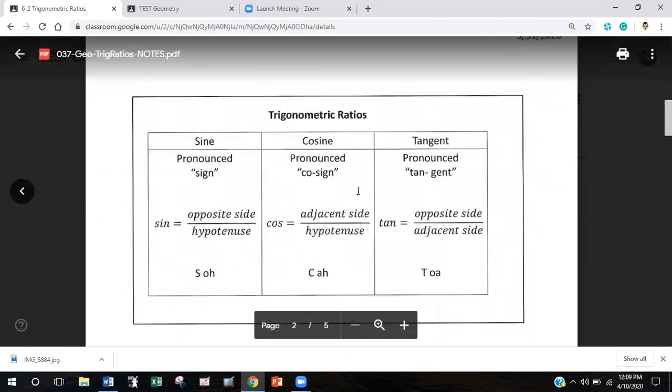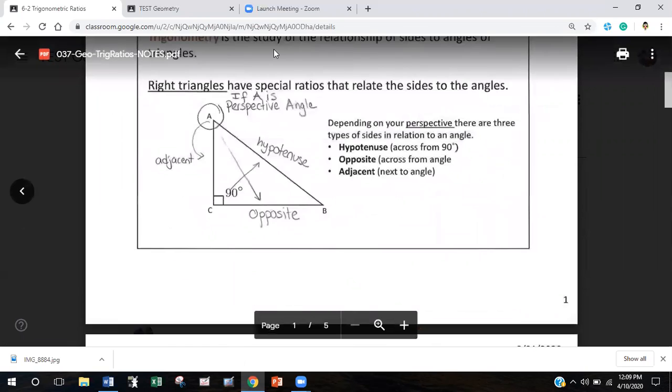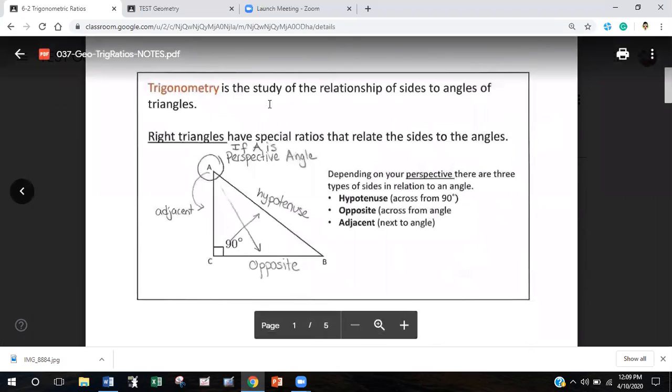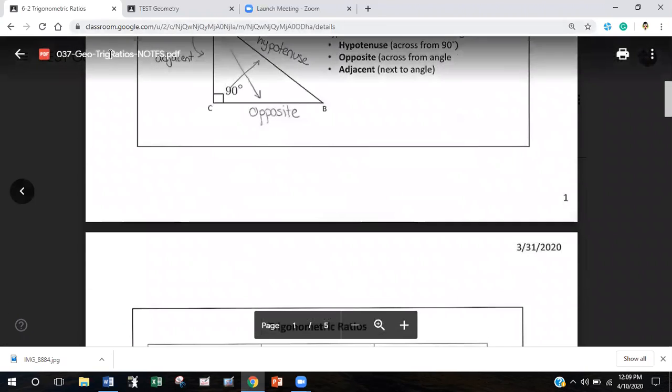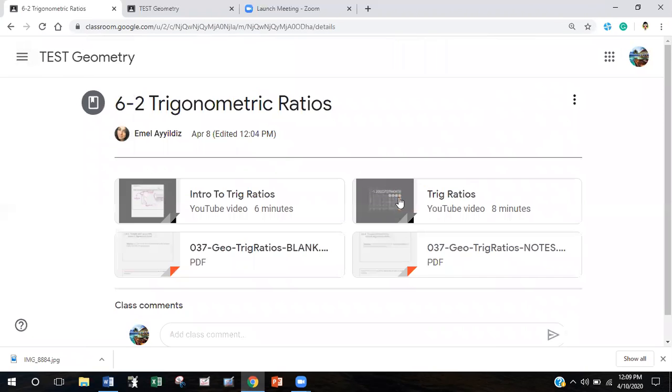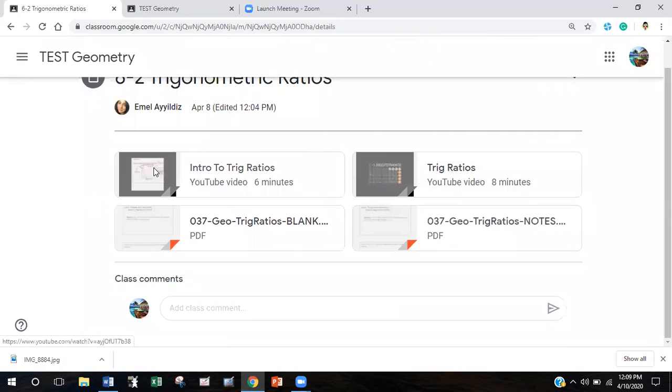Okay. The whole point of this is some people prefer to look at lesson notes written and they want to learn from just looking at the written notes. That's fine. You could look at that and that's okay. So I'm including the lesson notes already filled in as well. Or you could watch the videos.